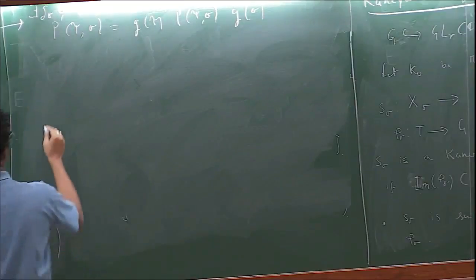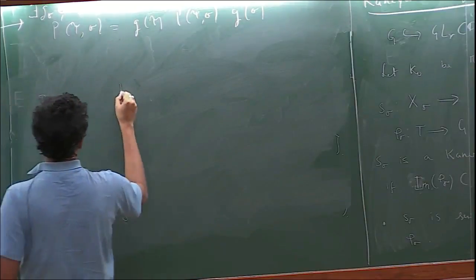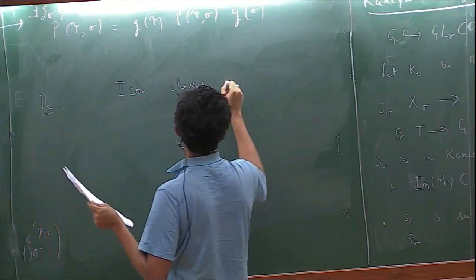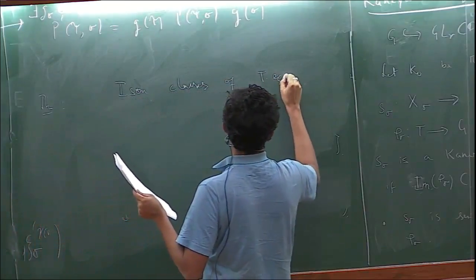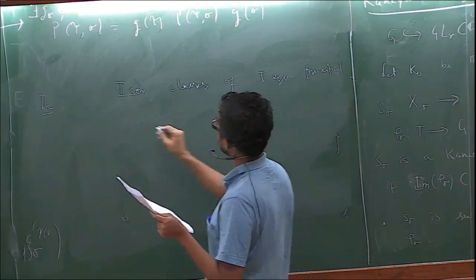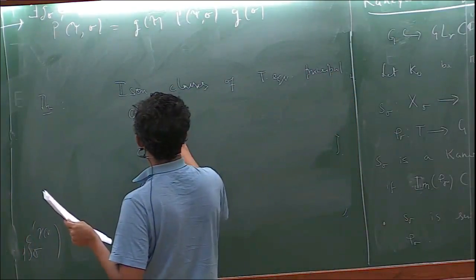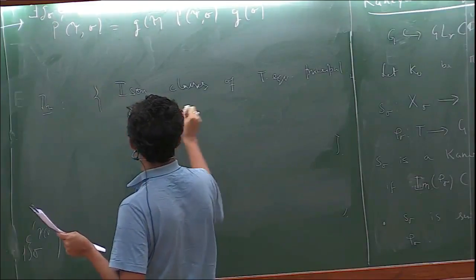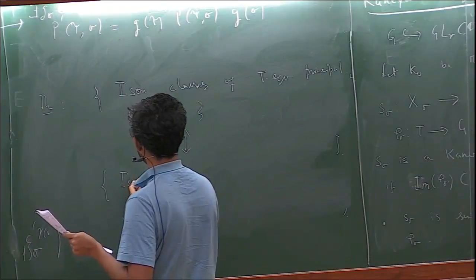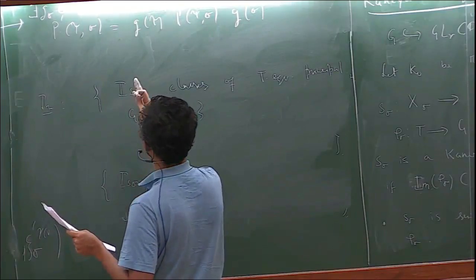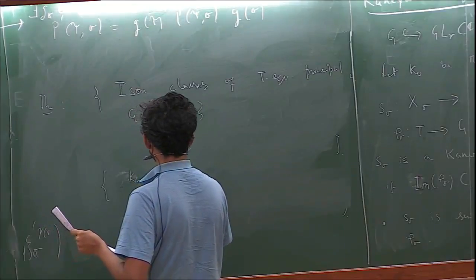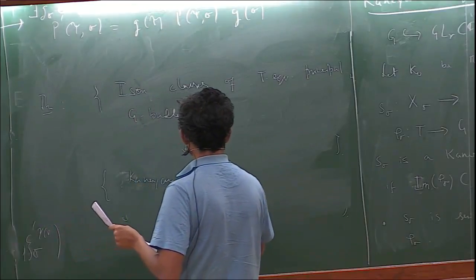So the theorem is that again the isomorphism classes of T-equivariant principal G-bundles have a one-to-one correspondence with Kaniyama data up to equivalence.